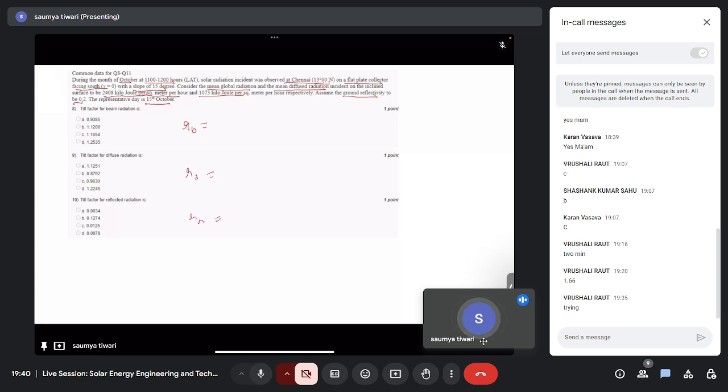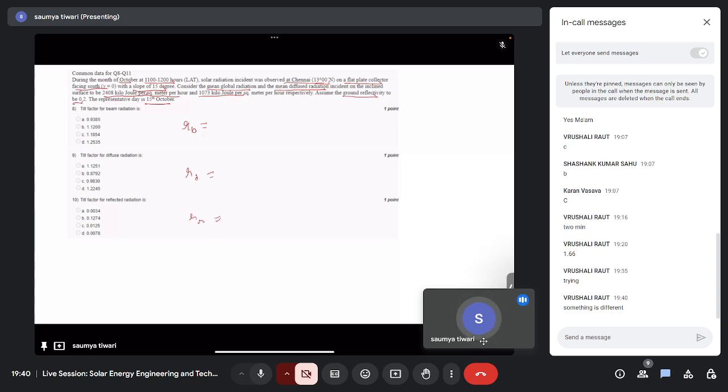Okay. Anybody has got any answer? Vishali, maybe the first part, or the second, or the third? Any answers? Okay, you can also tell. It should not be exact to 4 decimal places.